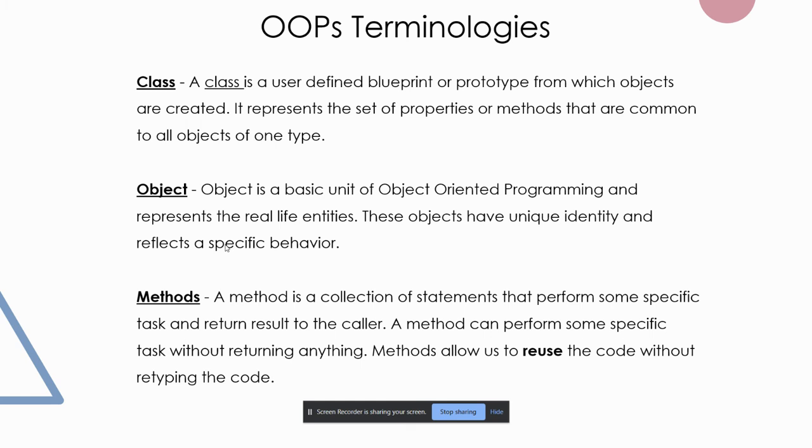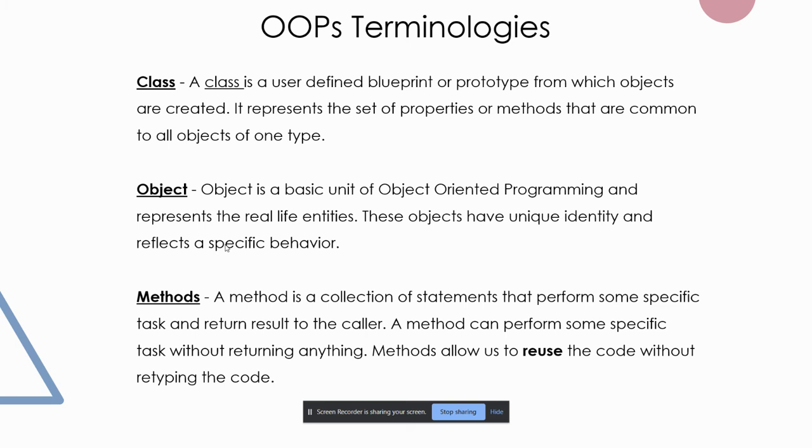It represents the set of properties or methods that are common to all objects of one type. In general, class declaration can include modifiers, class name, superclass if any, and interfaces. A class is always surrounded by its body and enclosed in curly braces.